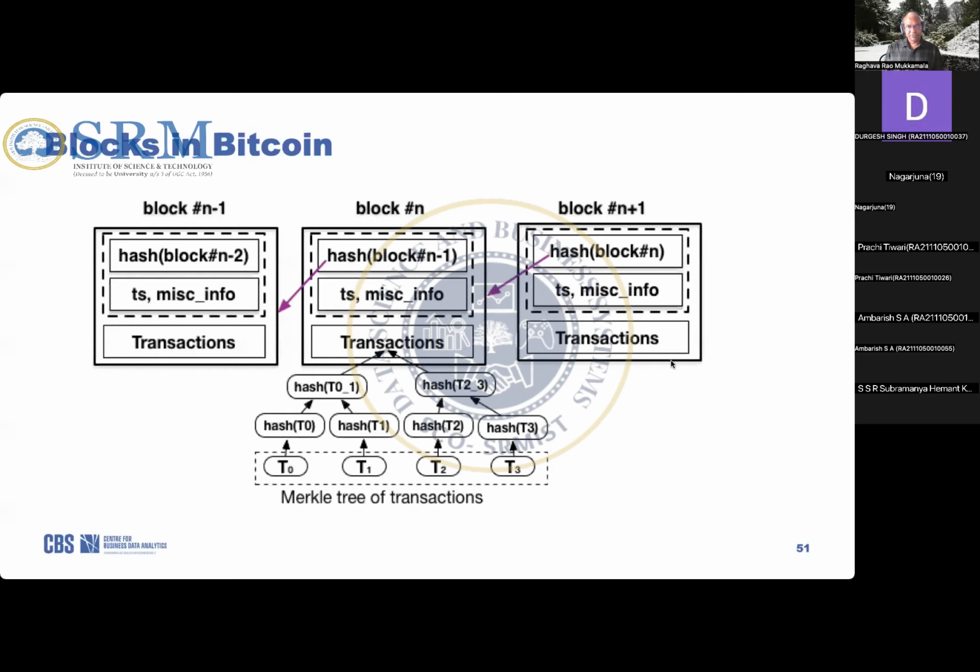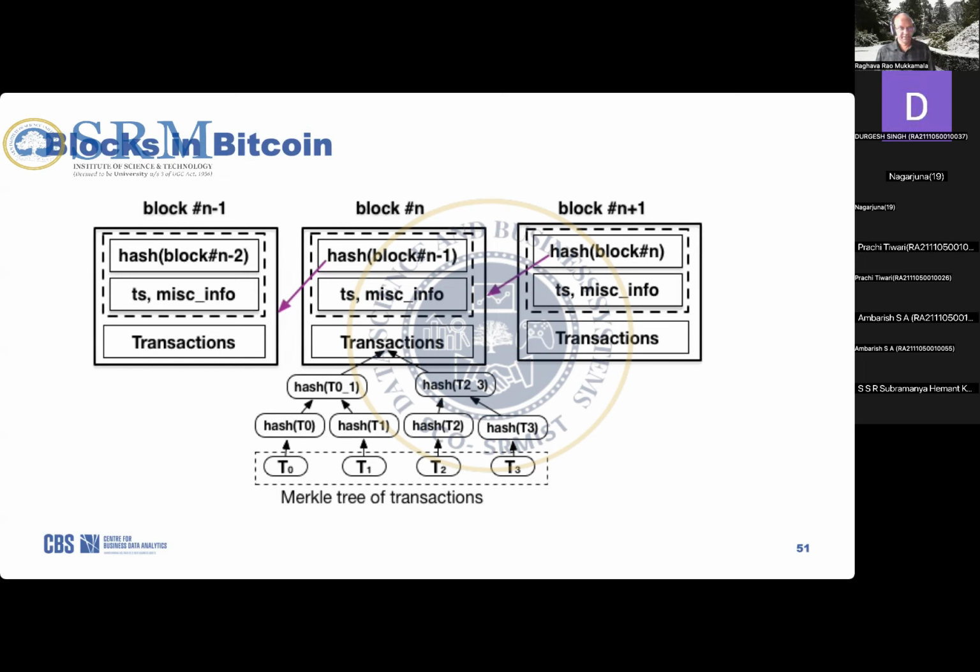Okay, so let's look into the block structure. As I was telling you before, the block structure is nothing but you have the blocks, and then you have the hash pointers between the blocks to make it an append-only, tamper-resistant ledger.